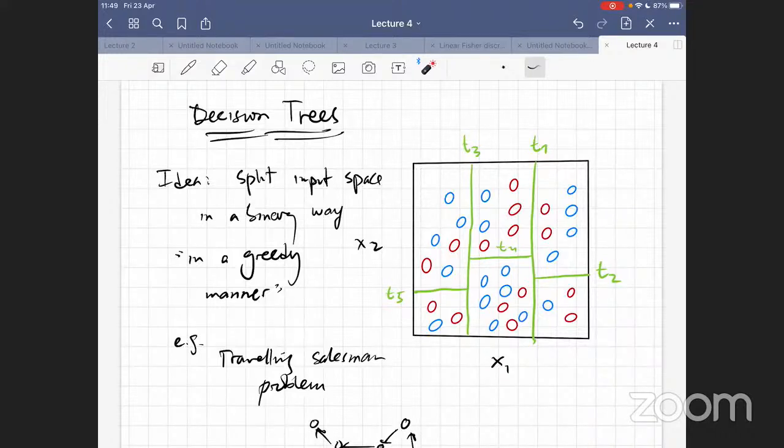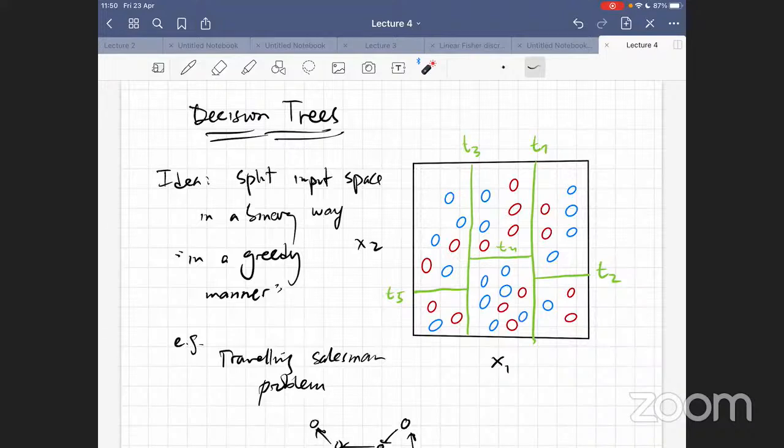Exactly. And how do you know when to stop? Imagine that this is up to you. For example, one criterion is to say I will stop when I have 3 points or less in my region, or I will stop when the largest proportion of the classes in the region is larger than, I don't know, 80%.